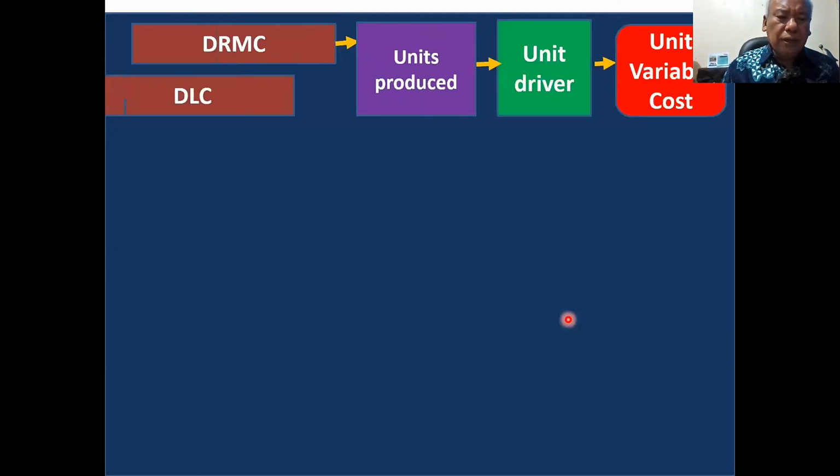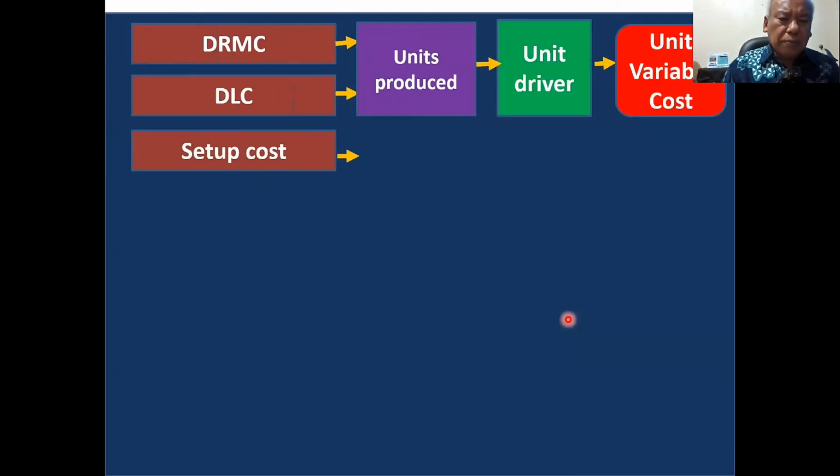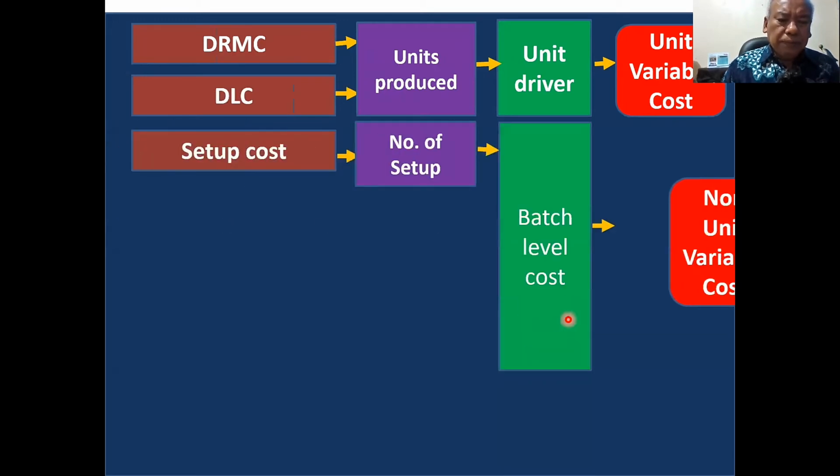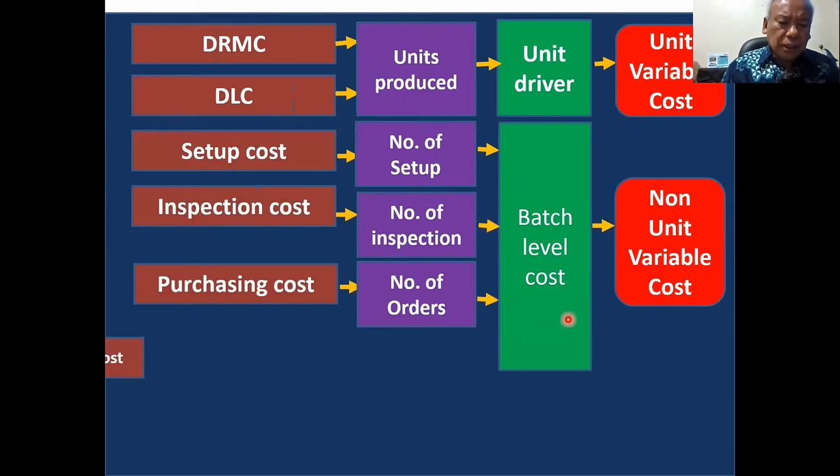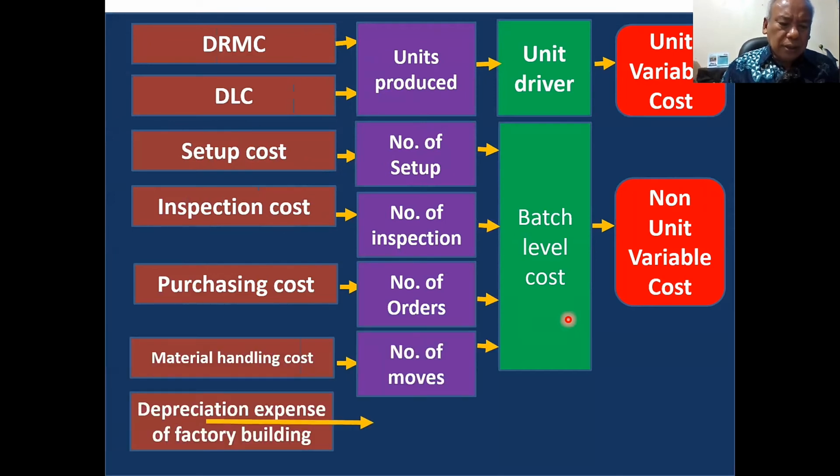For example, we have direct raw material cost, direct labor cost, setup cost, inspection costs, and also the purchasing costs, material handling costs, and the depreciation expense of factory building, same as the previous example. If we link direct labor costs to the units produced, direct raw material costs and direct labor costs will change.